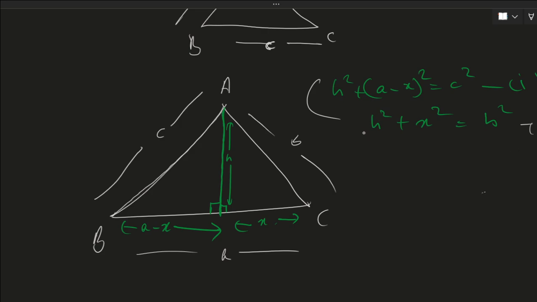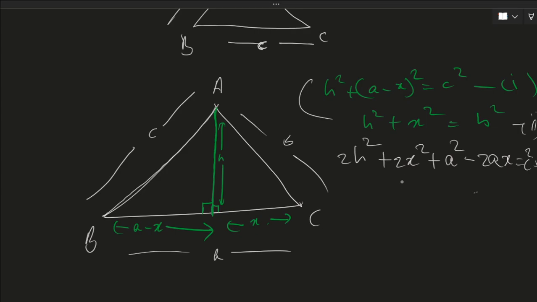If you add both of these and expand, you get 2h squared plus 2x squared plus a squared minus 2ax equal to c squared plus b squared. Let me make this a bit cleaner: 2 times (h squared plus x squared) plus a squared minus 2ax equal to b squared plus c squared.